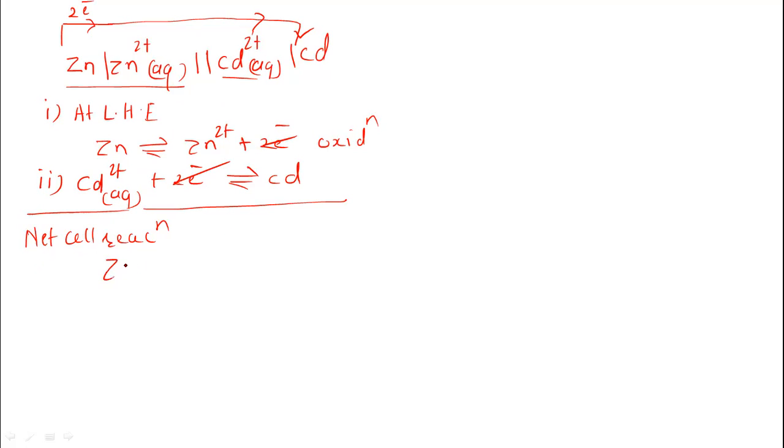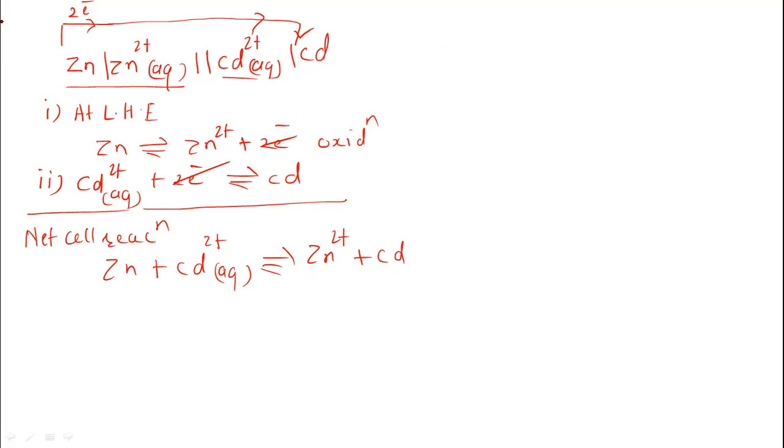So zinc metal reacts with cadmium dipositive ions, and on the RHS side, zinc dipositive ion is formed, and cadmium metal is also formed. The products of the reaction are the Zn2+ ion and cadmium metal. So this is the net cell reaction. In this way, we can write the net cell reaction of a particular galvanic cell.